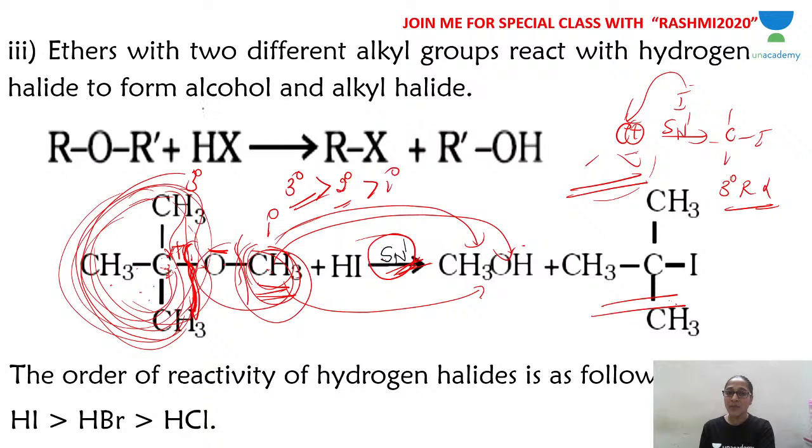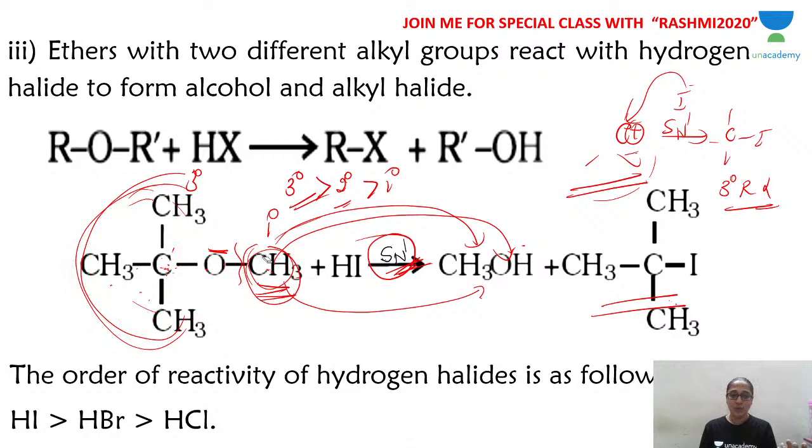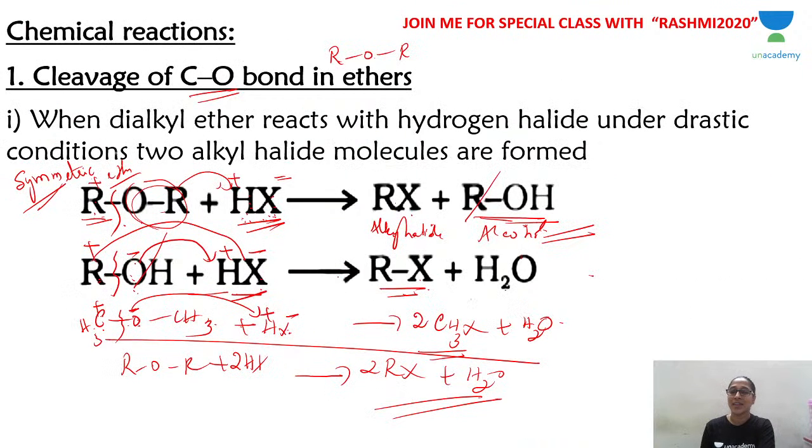There are two C-O bonds, but only one of them, when broken, gives you a tertiary carbocation. Tertiary means that will form alkyl halide, so the primary alkoxide ion will form alcohol. I hope you understood this. This is very, very important. Predict-the-product questions will usually come from these types of cleavage reactions.